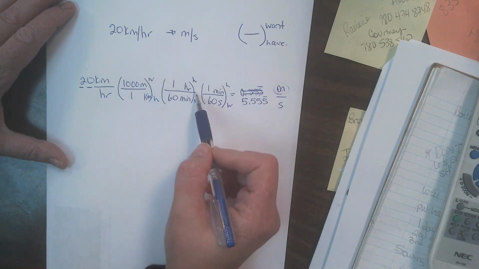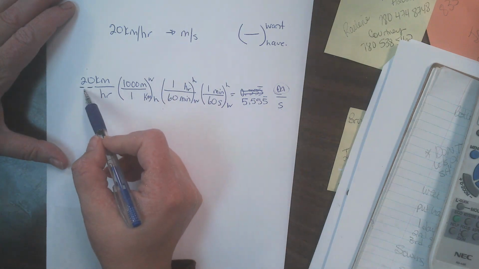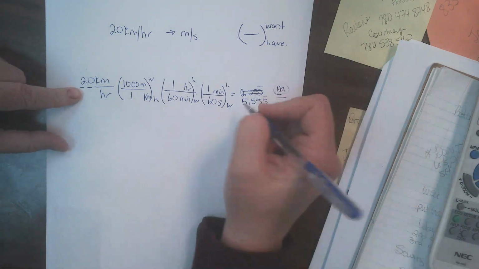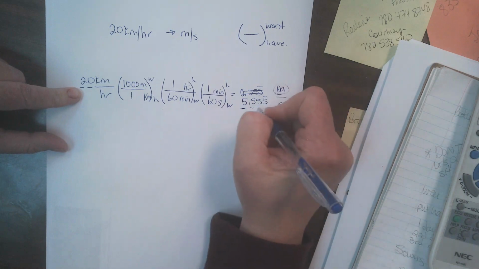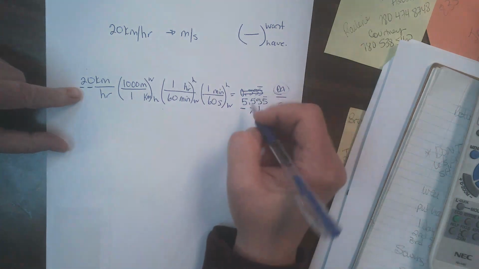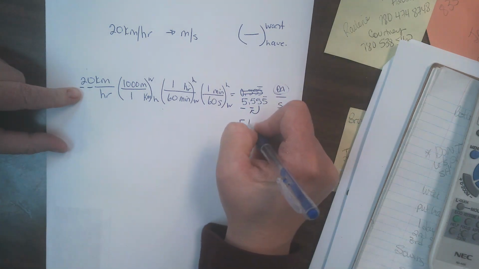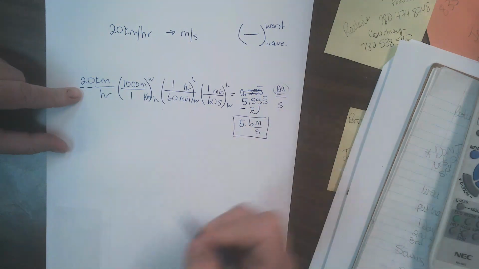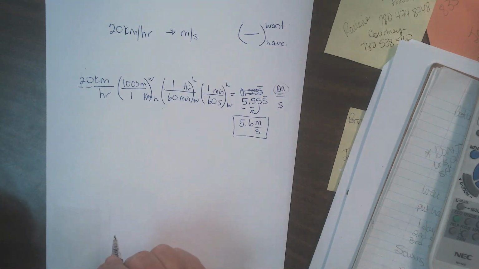They don't contribute to our accuracy or our precision. So this 20 kilometers per hour, we can only be 2 significant digits. So 1, 2. This 5 will play on that one. So my answer is going to be 5.6 meters per second. Okay?